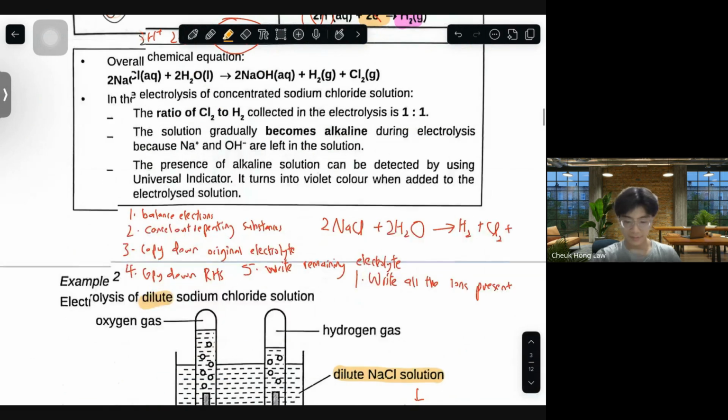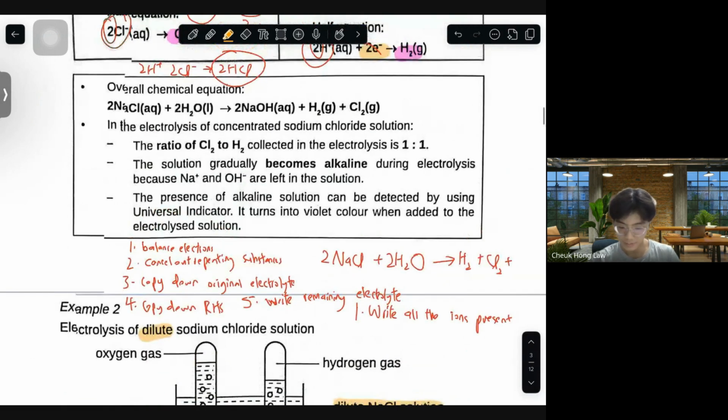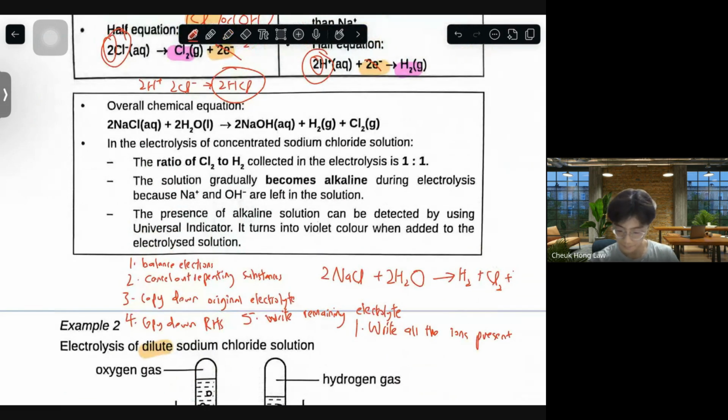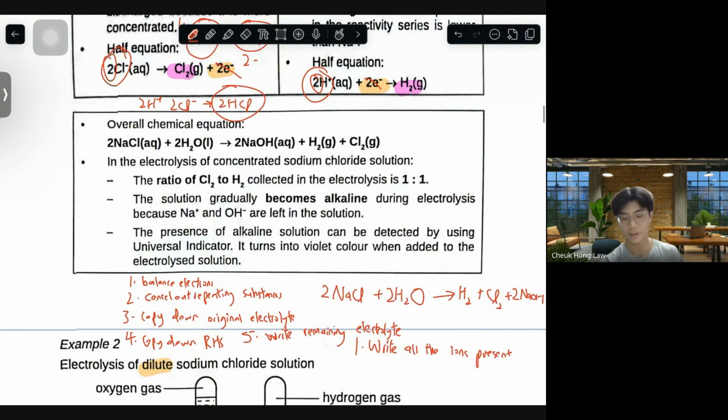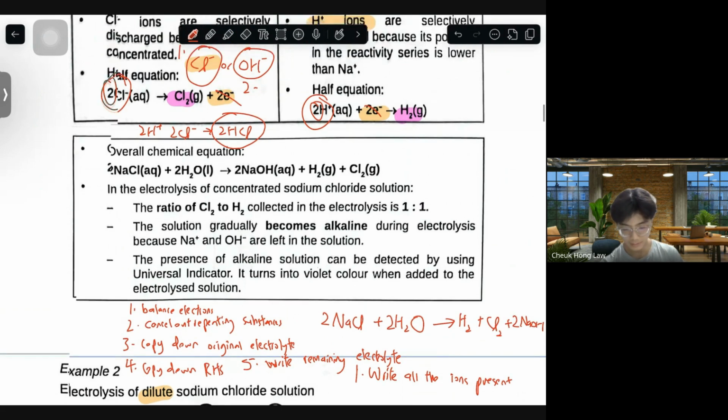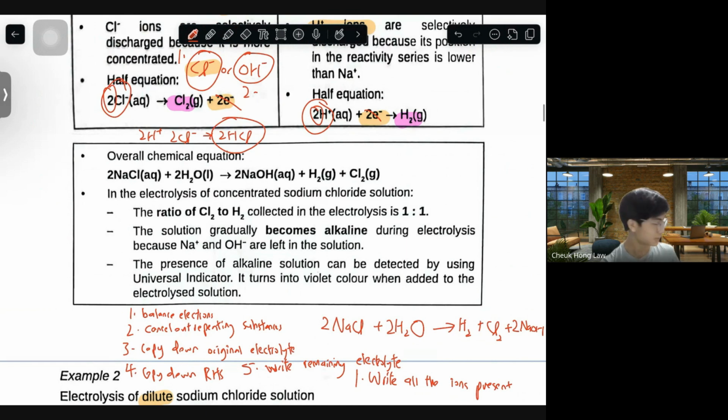Yes, good. So it will be NaOH. Then we add a 2 to balance the equation. So that is how you write the overall chemical equation, if your original electrolyte is not correct.